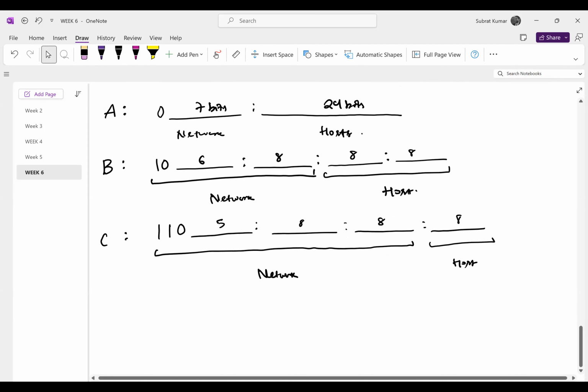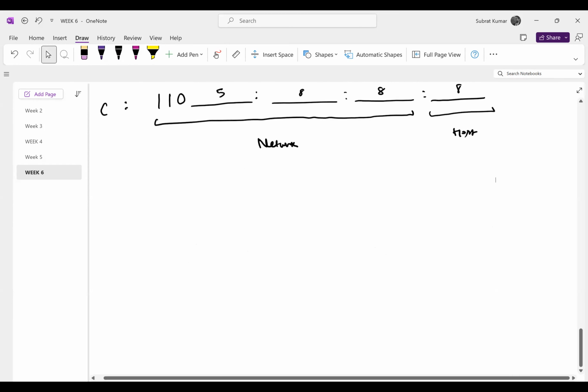The notion about network and host is the number of hosts that can be present. The network bits represent the number of networks that can be present in the entire world, and within one network, how many hosts can be present at maximum. This is just a binary operation.